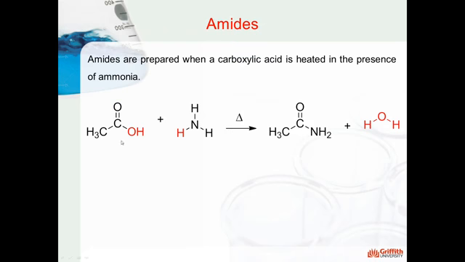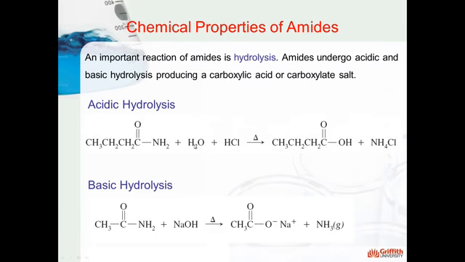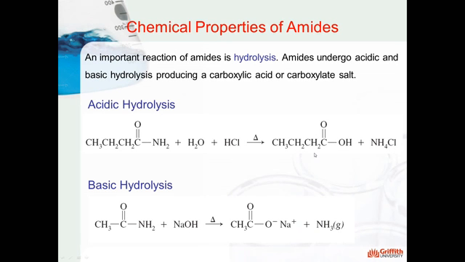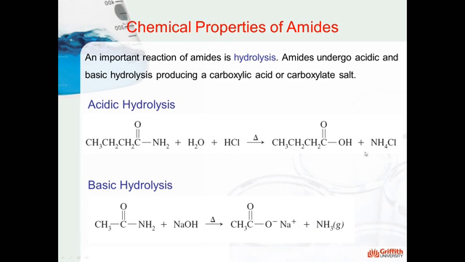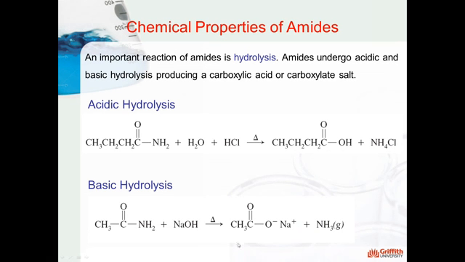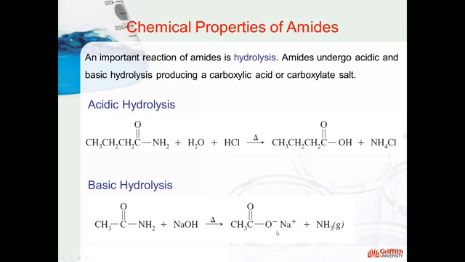We have a carboxylic acid plus an amine to give an amide. The reverse of that would be an amide being hydrolyzed to give a carboxylic acid and an amine, and their forms just depend upon what the pH is. Acidic pH gives carboxylic acid and ammonium salt. Under basic pH we get the carboxylate salt and the amine.